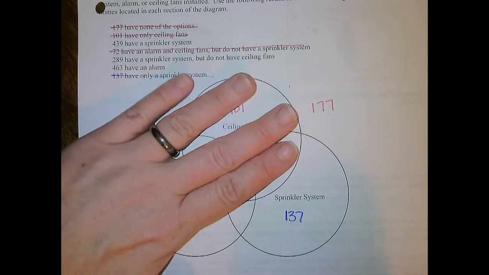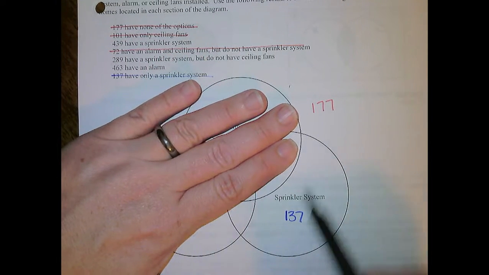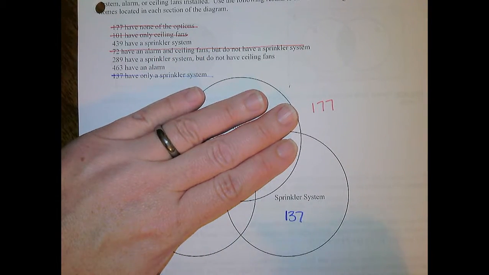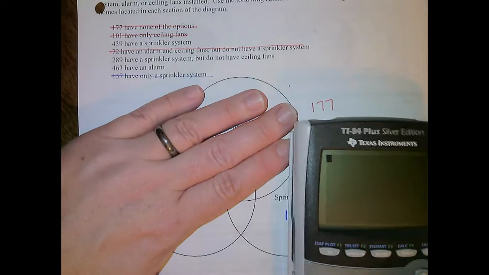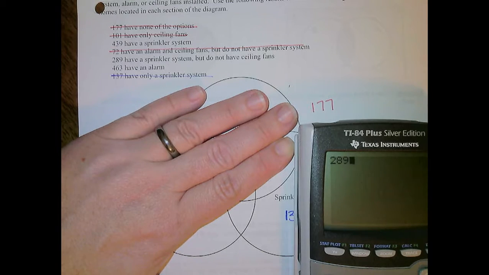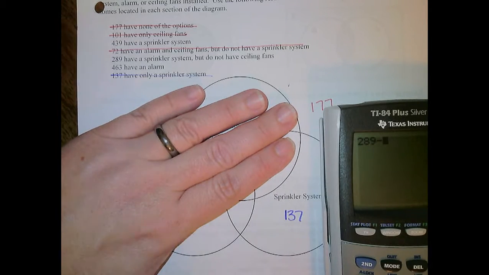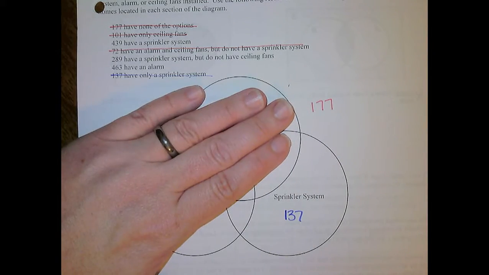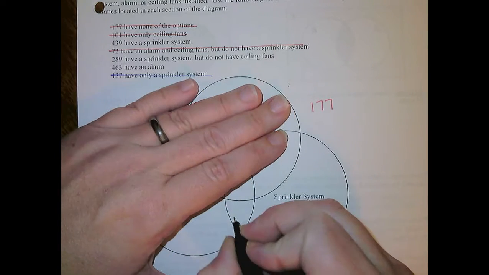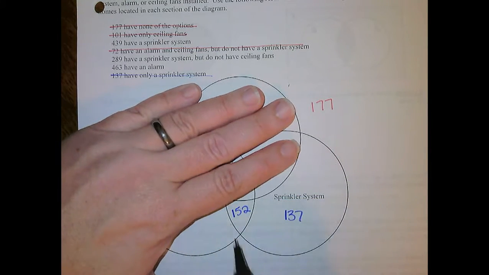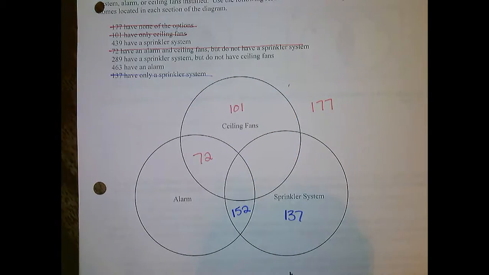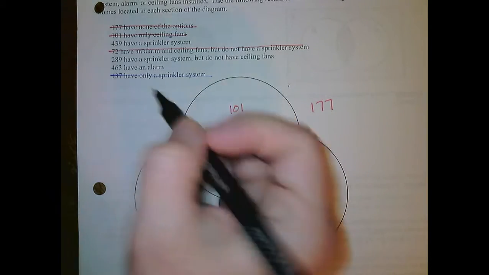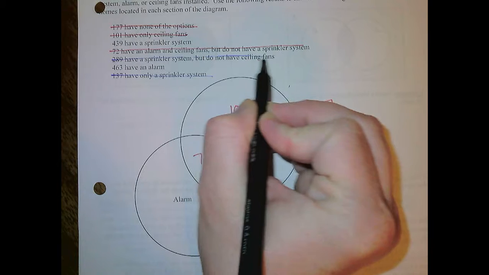So excluding this area total would have 289 homes. So if we take that 289 and we subtract the homes that we know have only a sprinkler system, 137, what we end up with is 152. That means that 152 homes would have to fall in this region because both of these regions together would have to have a total of 289 in them. So we'll cross that out.